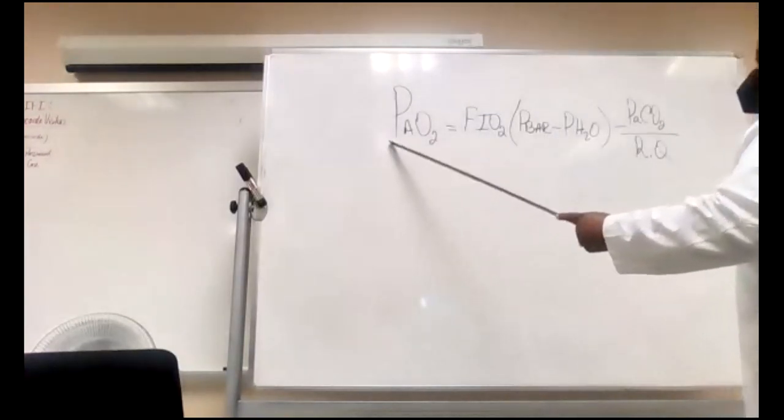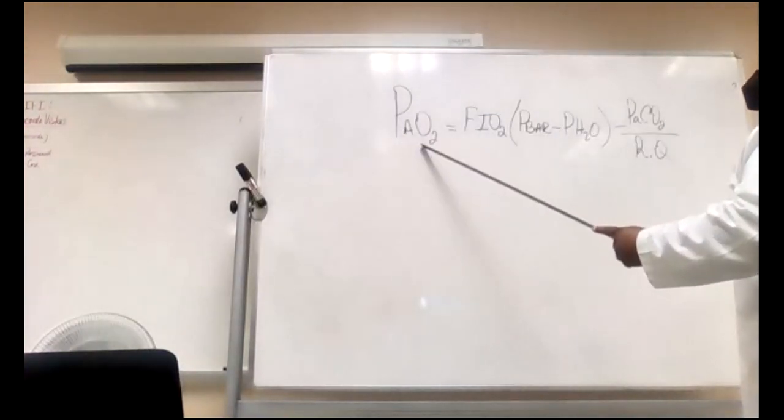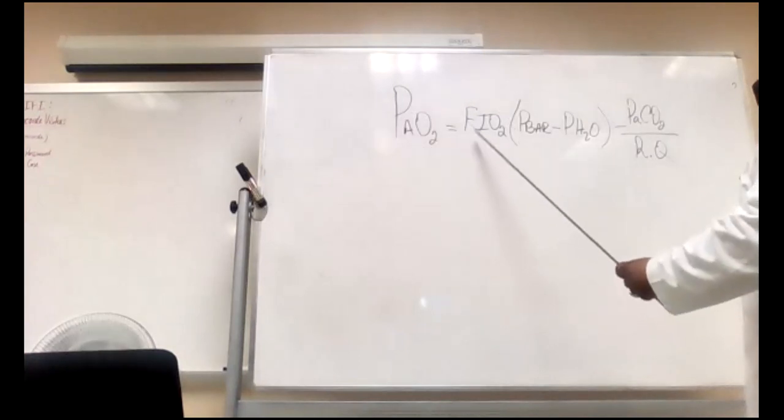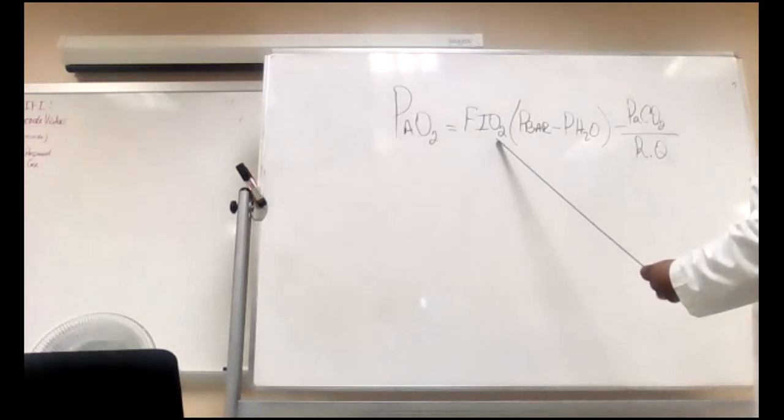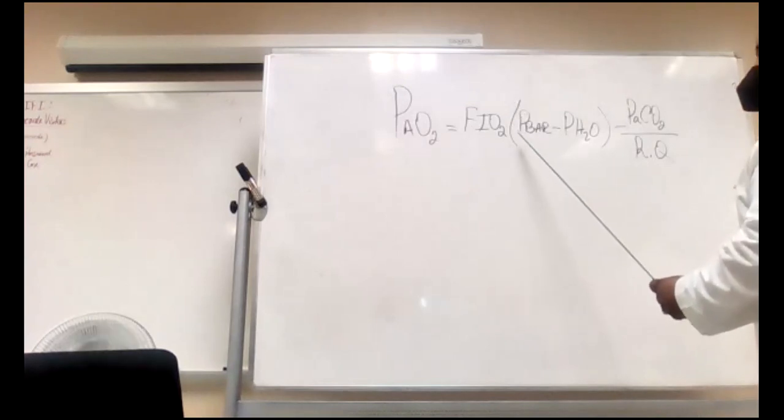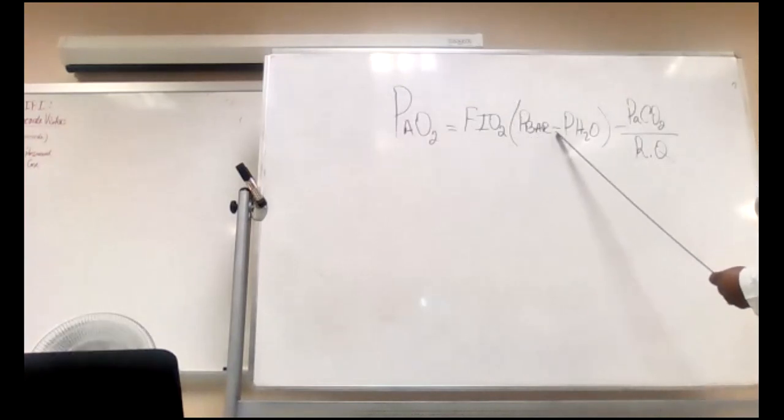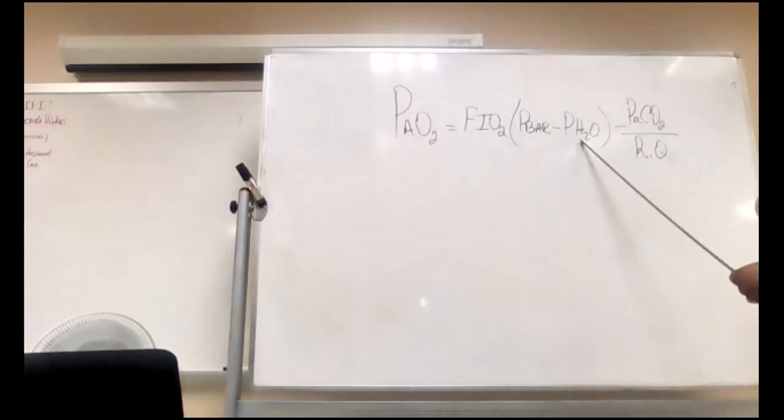Big P is the pressure of alveolar oxygen equals the fraction of inspired oxygen times the barometric pressure, that's the P bar, minus the pressure of H2O. What's H2O? Water. Because there's water vapor in your lungs too.